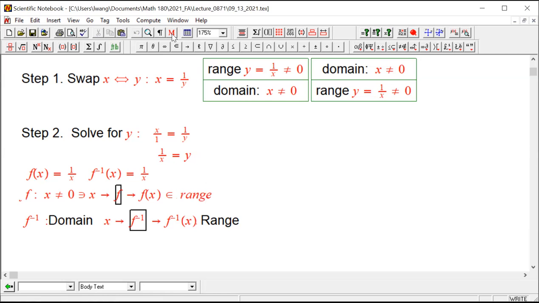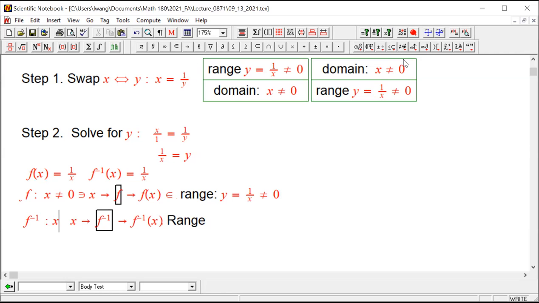Thank you for your patience with me. Sometimes the symbols may confuse us, but just ask, okay? So y equals 1 over x, it is not equal to 0. Okay, that's the range. And this domain, once again, is x is not equal to 0.